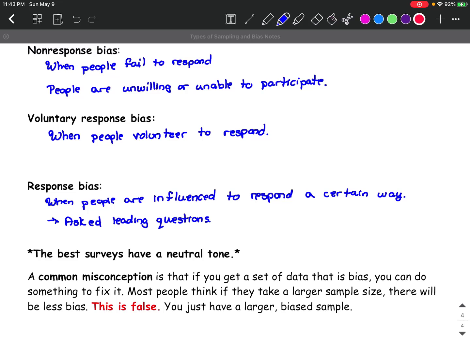So if your survey is bad, if your sampling of a population is bad, using more people in that is not going to make it better. It's just going to make a bigger bad survey. Okay? So you have to be very careful in how you frame your questions, how you put your questions out there, and how people are going to be able to respond to them.